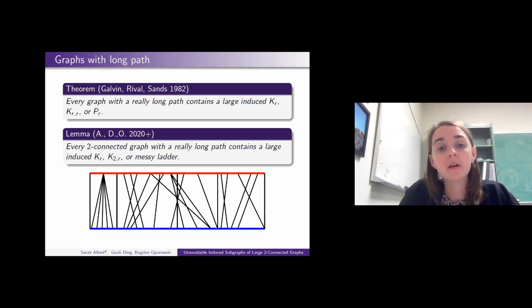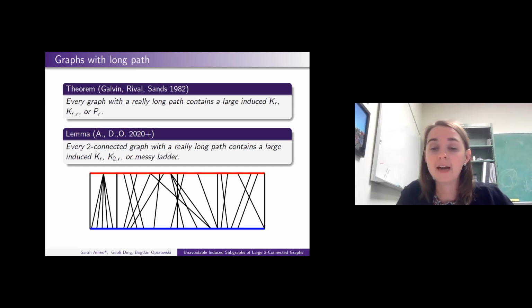So this messy ladder has a ladder type structure. We have an induced path that forms a rail on the top, and an induced path that forms a rail on the bottom. The only structure to the rungs that we have is that there has to be a rung joining the first vertex of the red path to the first vertex of the blue path, and joining the last vertex of the red path to the last vertex of the blue path.